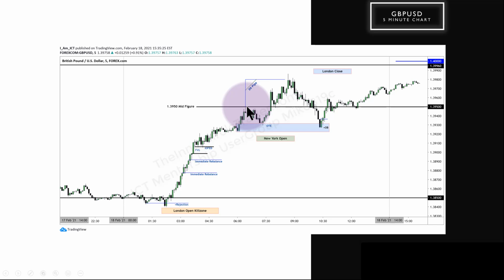Remember, I was teaching you that the mid-figure levels can see 10, 20, 30 pips, whereas a full figure level like 1.40, if we trade to that level, it could see as much as 40 pips sweep above. Or if it's reaching down to a big figure, it could sweep below it as much as 40 pips.